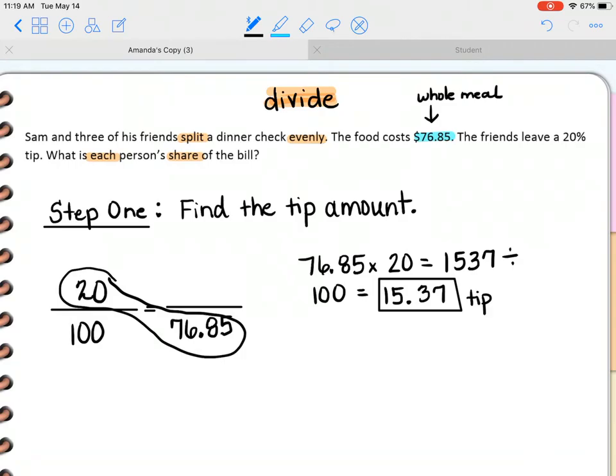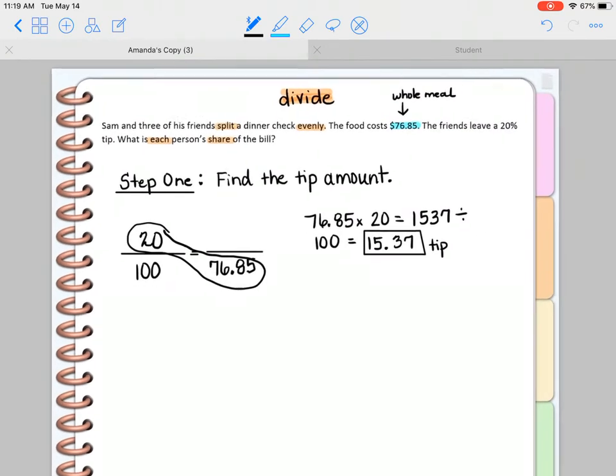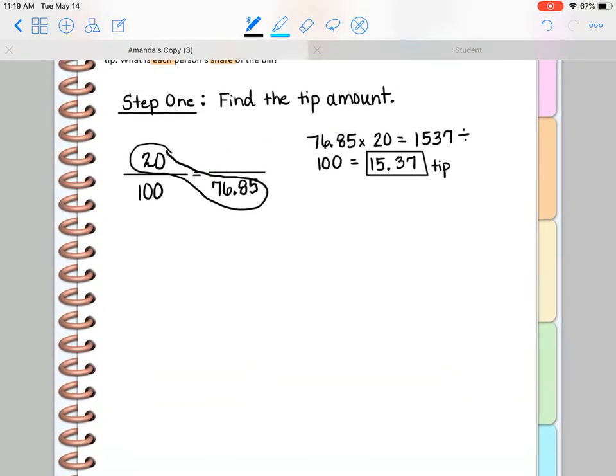Okay, so we're back in the story. We have our bill. We decided to leave 20%, and we figured out what that 20% is. So what is step 2? What would you logically have to do next? Are you ready to go up to the cash register? Do you have your money out yet? And more importantly, have we divided?